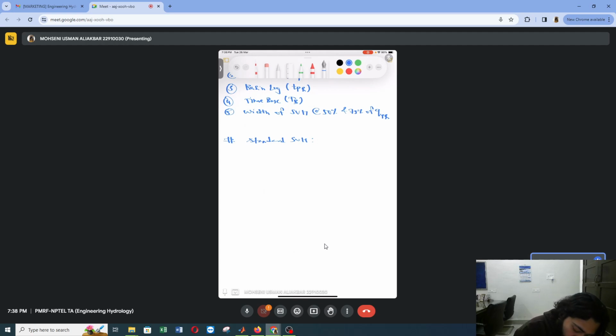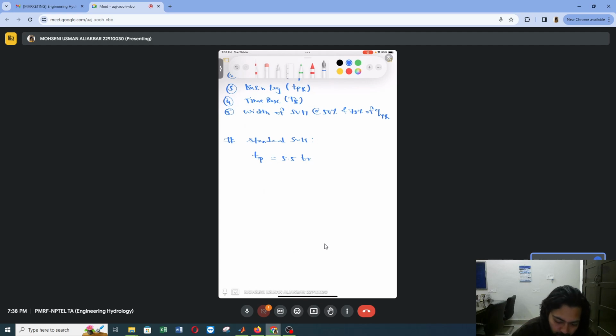That relationship is TP equals 5.5 TR. So when the basin lag is equal to 5.5 times the duration of effective rainfall, we call such a synthetic unit hydrograph a standard one, right? So let us assume the required synthetic unit hydrograph is of a standard type.